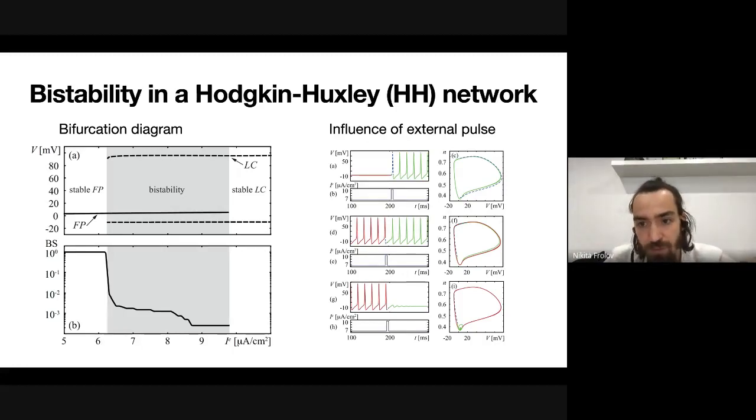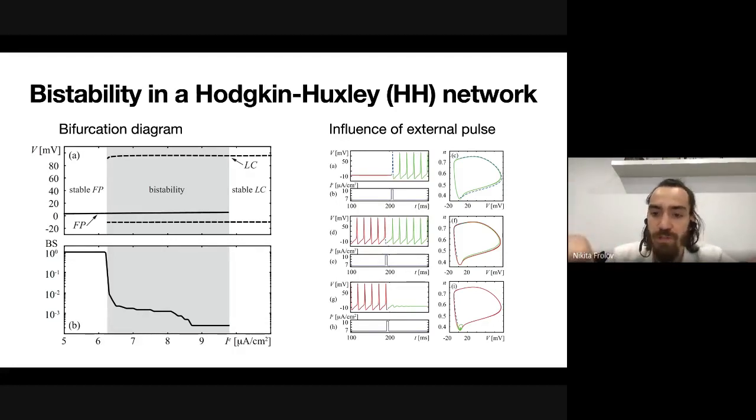If the pulse is given in an improper phase, the orbit of the limit cycle does not go near this fixed point attractor, and after the pulse, the neuron goes again to this limit cycle. So it's not switched to the fixed point.